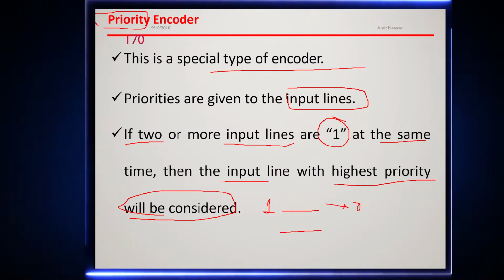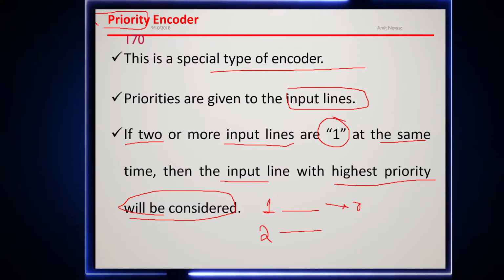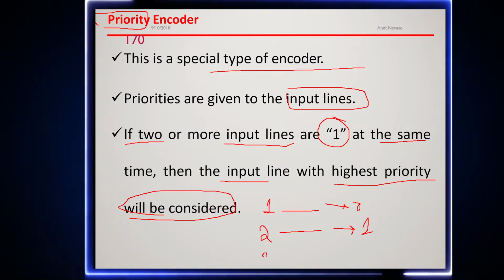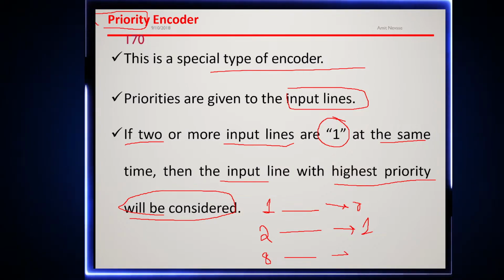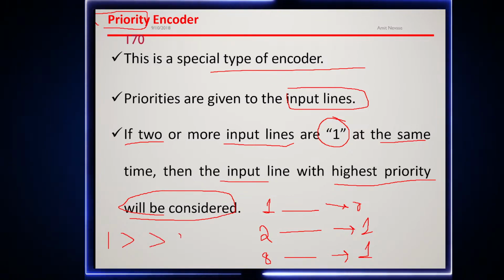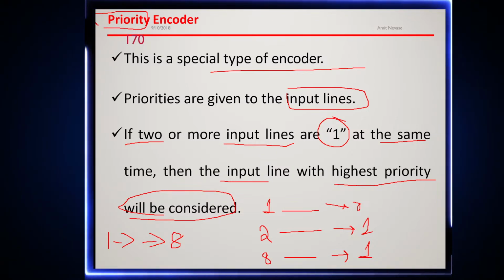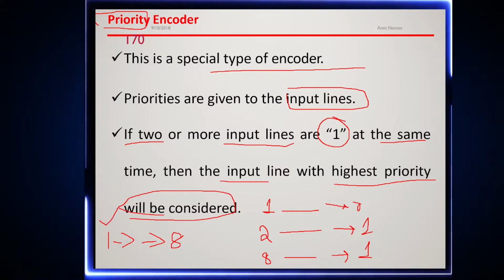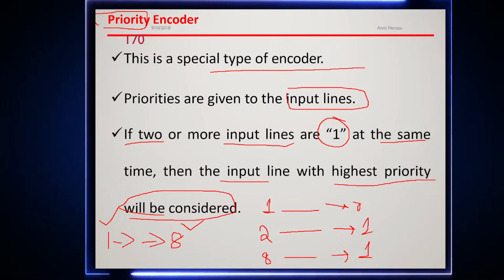If two inputs having, say, input 1 is 0, and say let's consider input line 2 is 1 and input line 8 is also 1, and say priority has been given in this manner from 1 to 8. That means 1 will have highest priority and 8 will have least priority.